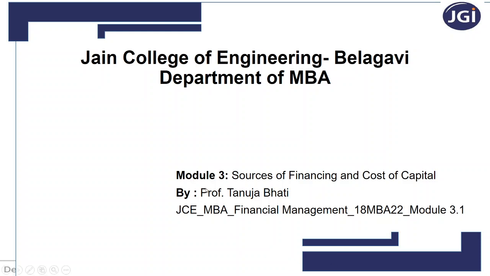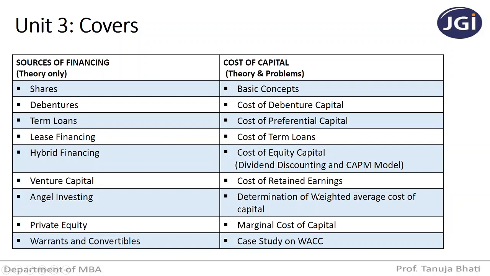Today we will be going through unit number 3, module 3, that is sources of financing and cost of capital. So this unit covers two parts, mainly the sources of financing, which is only theory, and the cost of capital, which consists of theory and problems.